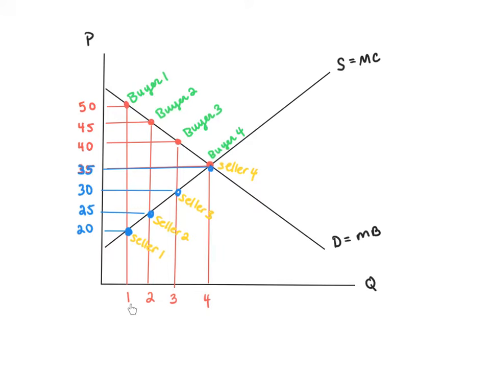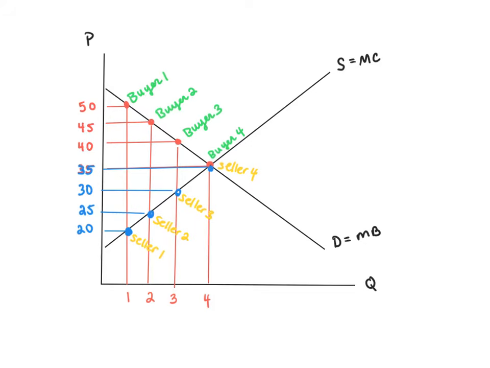Notice here that for Unit 1, Buyer 1 is willing to pay $50 because that unit is worth $50 to her, and Seller 1 needs to charge at least $20 to sell that unit because $20 is the cost to Seller 1 of producing that unit. That means there are lots of prices in between these two values that would be mutually beneficial.